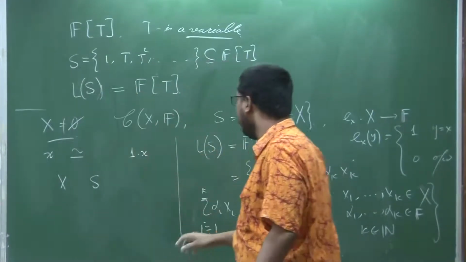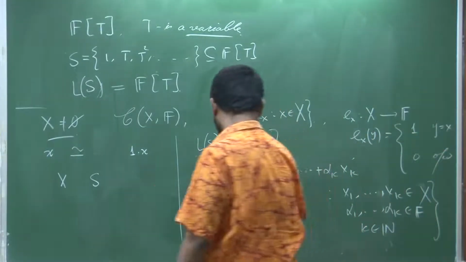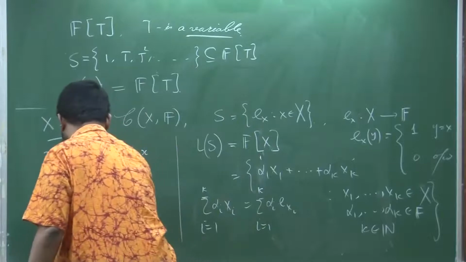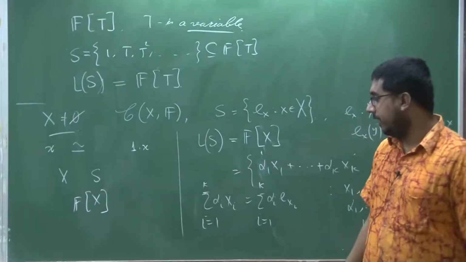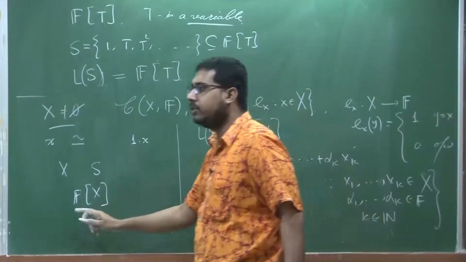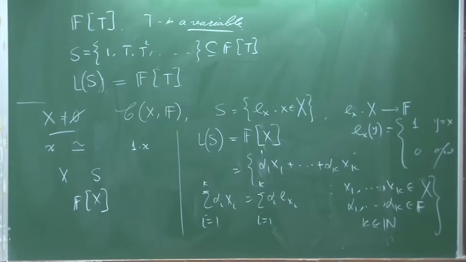this polynomial ring. But before that, let me also remind you what F(X) is. F(X) is the set of all functions which vanish beyond a finite subset.